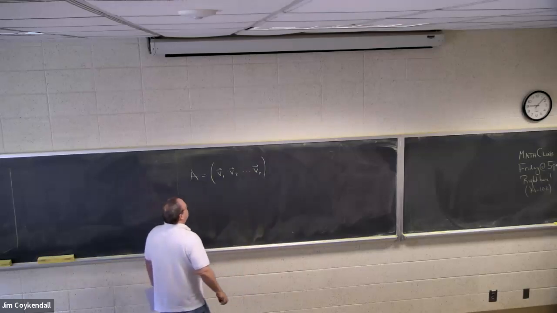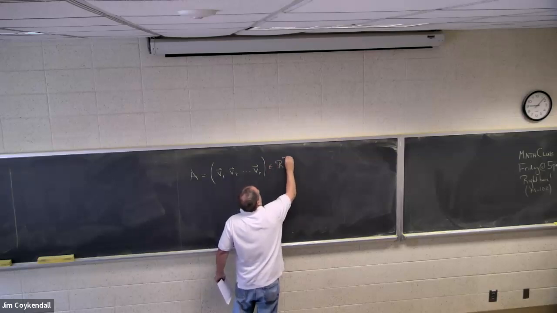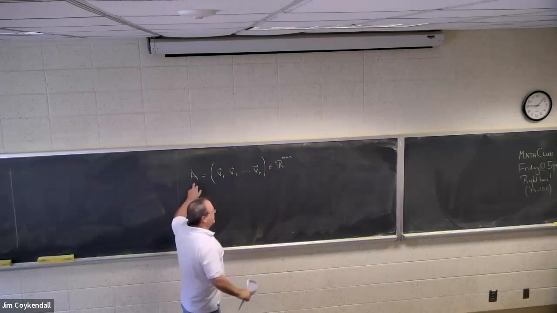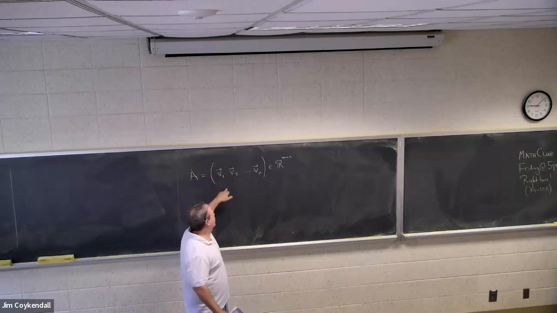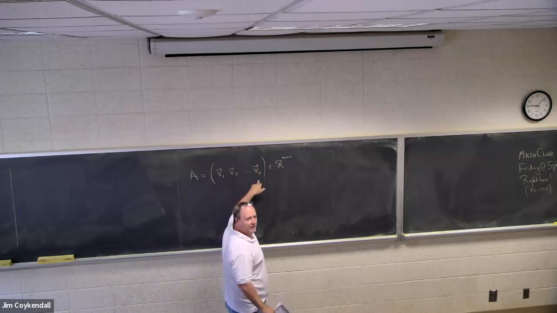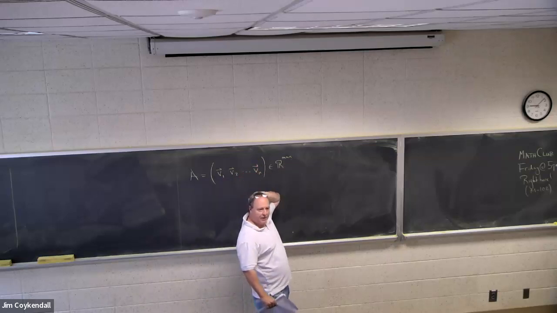Suppose this is an m by n matrix. And what I mean by this notation is this is the first column, this is the second column, and this is the nth column. Everybody okay with that? And hence there are n columns in the matrix.